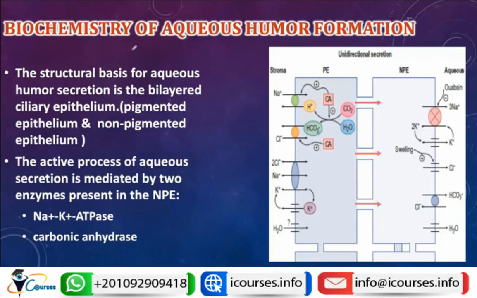To see it on this illustration, this is the stroma, this is the pigment epithelium, and this is the non-pigment epithelium. You can see that the CO2 and H2O form H2CO3 using carbonic anhydrase, which later dissociates to bicarbonate, which moves to the blood. And the hydrogen is exchanged with the sodium through the sodium-hydrogen exchanger.